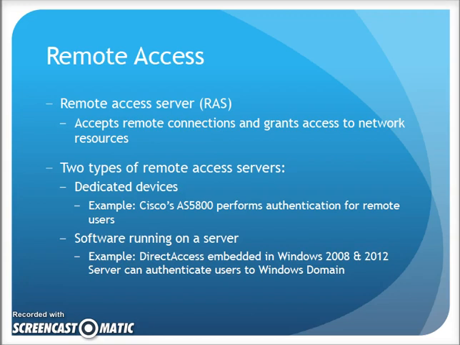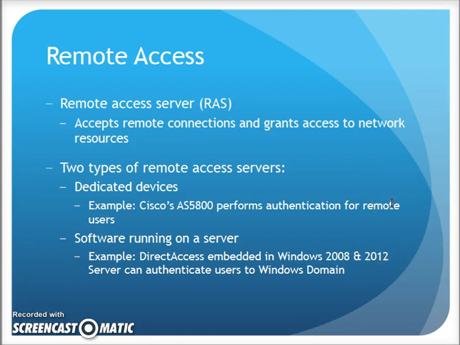There are two different types of remote access servers: a dedicated server or software running on a server. A dedicated server would be something like Cisco's AS5800, which performs authentication for remote users. Or I can have one of my servers, like a Windows 2008 or 2012 server, authenticate users to the Windows domain. So somebody at home could log into resources at the company office.